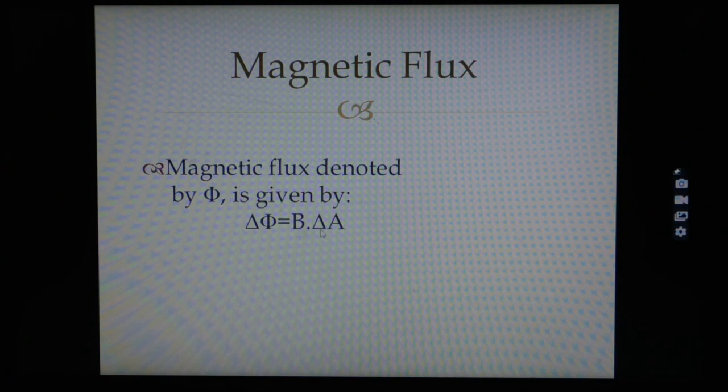Alright, that's why it has a direction. That's why we call this area the area vector.